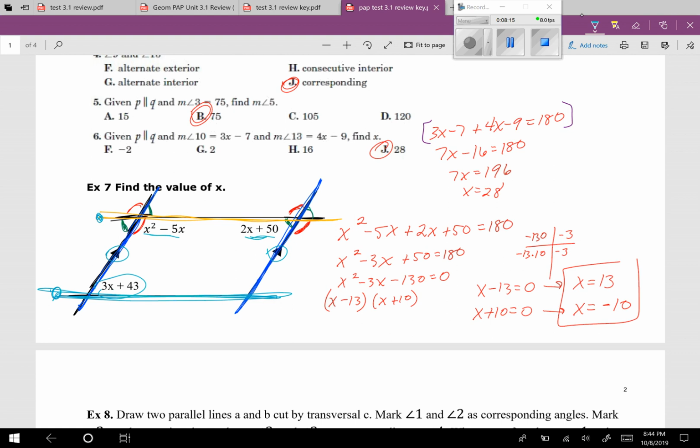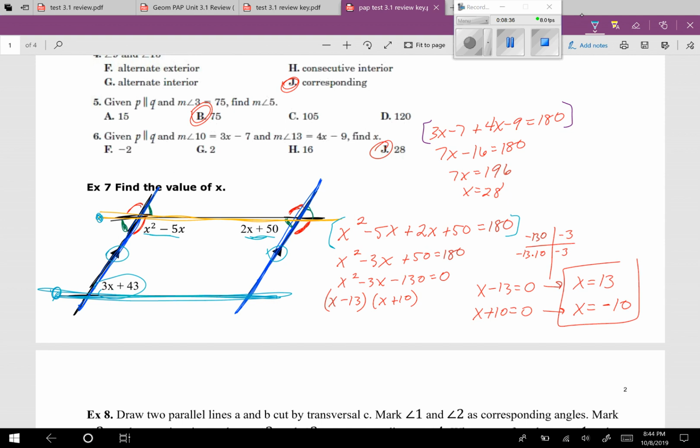Since they're along the same transversal, I can make a useful relationship with them. And if you look at my colors here, this one is red and the other one here is green. So that means that they are same side interior, so they should add up to 180. So that's what I've written right here.